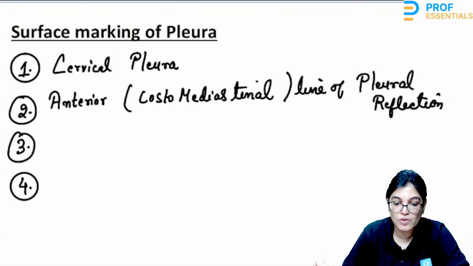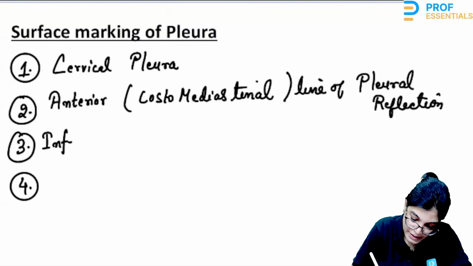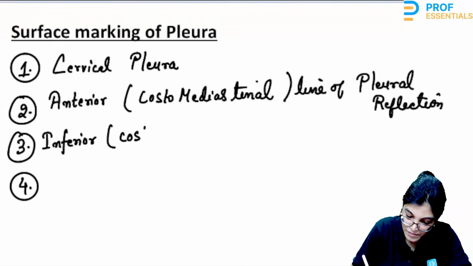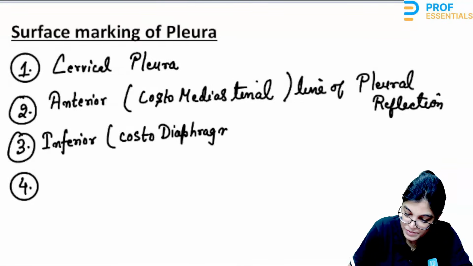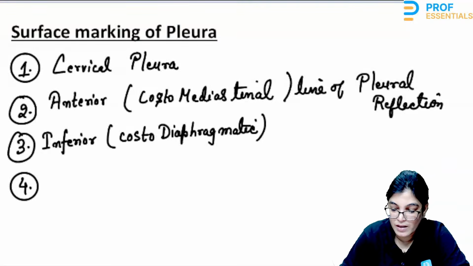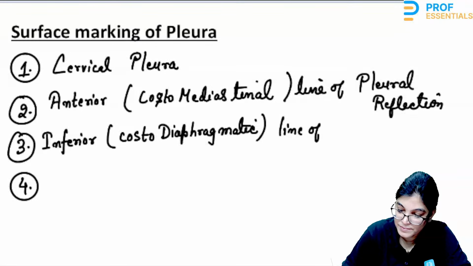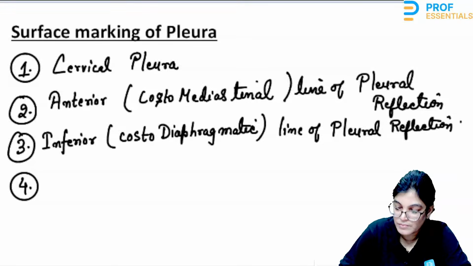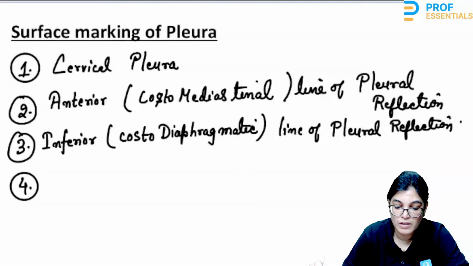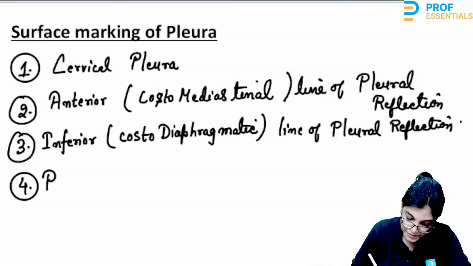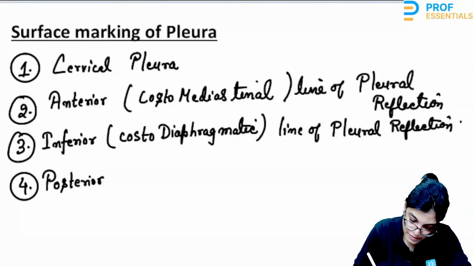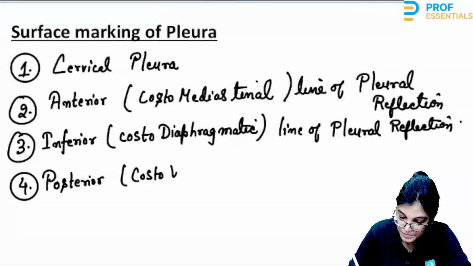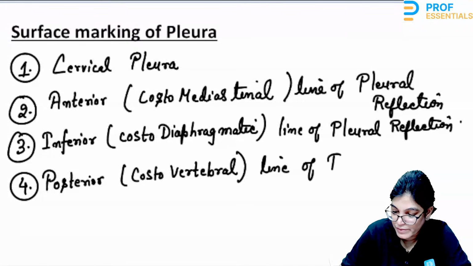Then we have also the posterior or costovertebral line of pleural reflection.